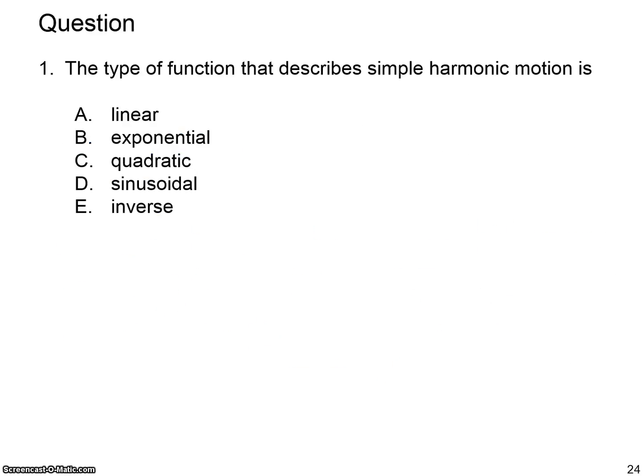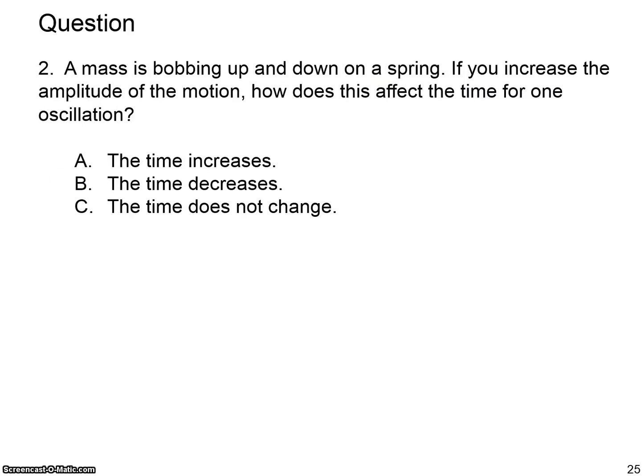Now we look at 3 of the reading questions that you should be able to answer from reading the book. The type of function that describes simple harmonic motion, I hope you would know by now, is a sinusoidal function. Question number 2, a mass is bobbing up and down on a spring. If you increase the amplitude of the motion, how does this affect the time for one oscillation?